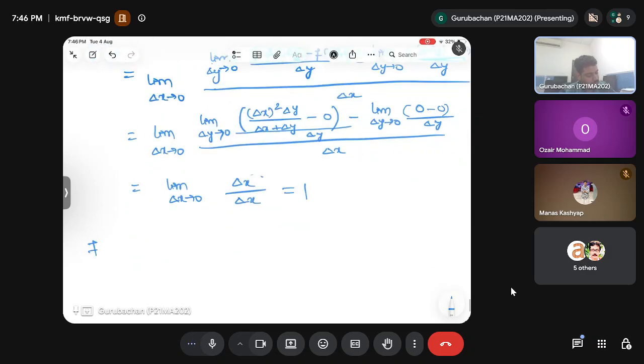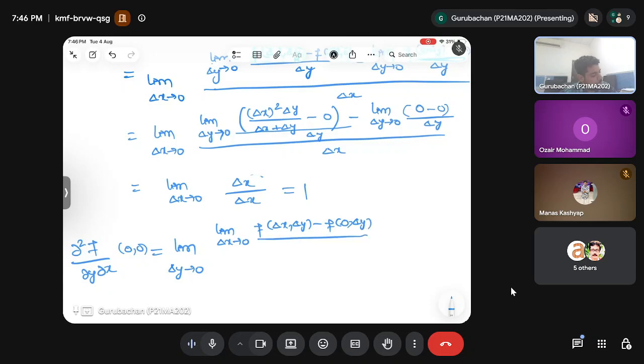Next one is the second partial derivative f y x at 0 0. Now tell me, this will be limit delta y tending to 0, limit delta x tending to 0, f of delta x, delta y minus f of 0 comma delta y divided by delta x.